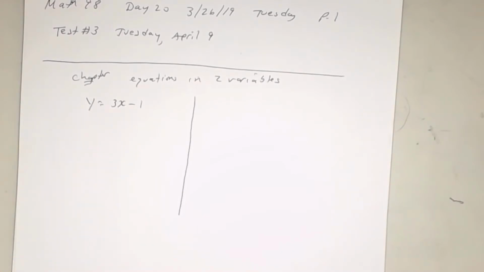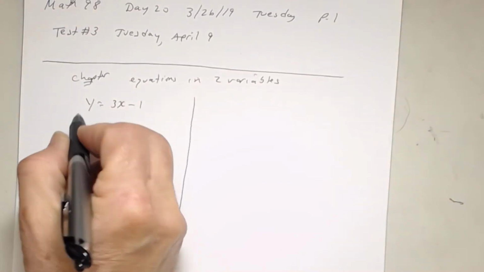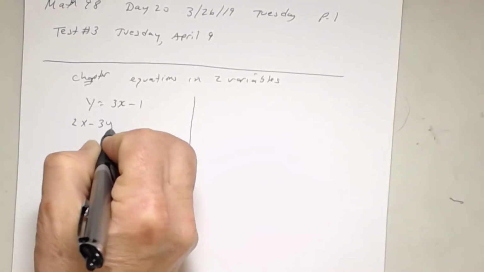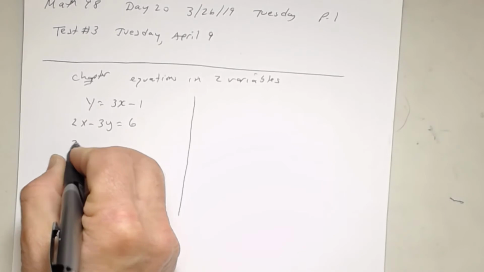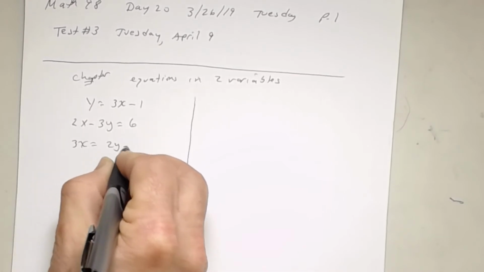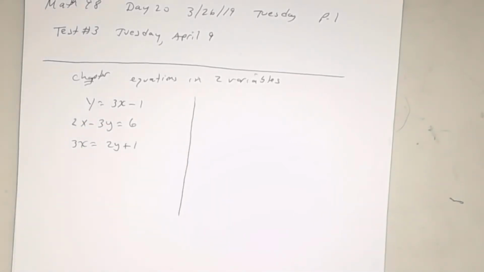Your variables are what? x and y. It's not 1 variable, it's 2 variables. 2x minus 3y equals 6. There's another equation in 2 variables. 3x equals 2y plus 1. That's an equation in 2 variables.